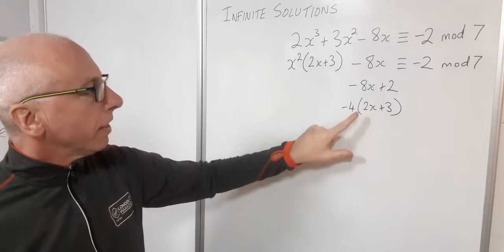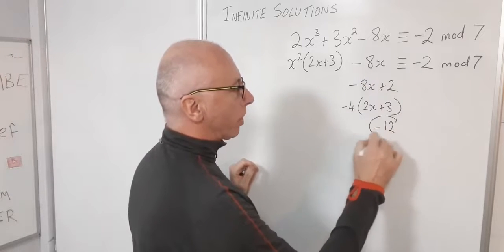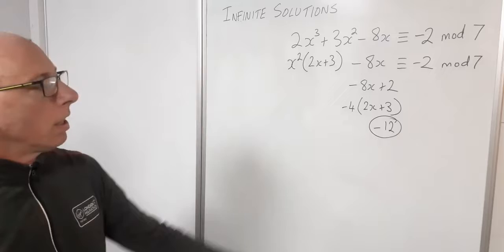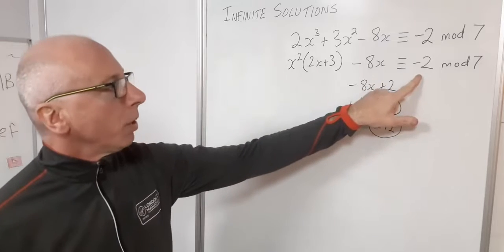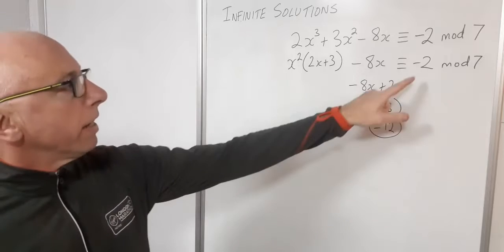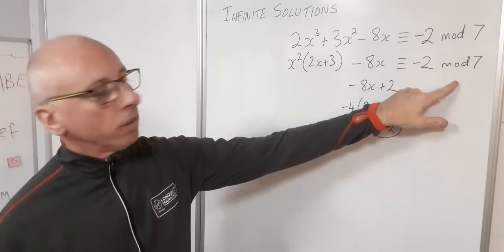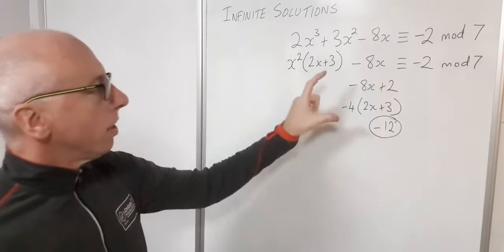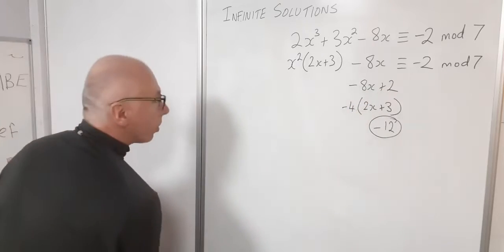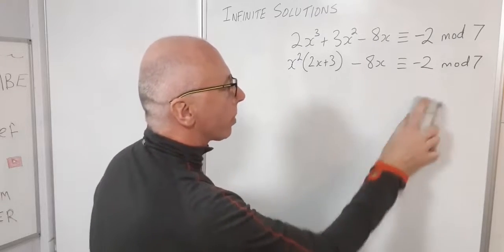But looking at that, I need a minus 12, that's my goal. I've got minus 2 there. Now is there something I can do with that to make that into a positive 12? Well, modulus 7, we've definitely got a chance. So let's take this calculation off the board and try and get this into a 12 on the other side.